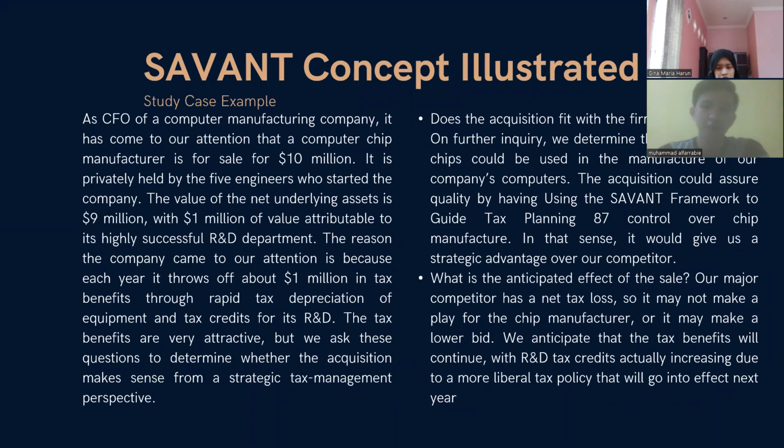The value of the net underlying assets is 9 million, with 1 million of value attributed to its highly successful R&D department. The reason the company came to our attention is because each year it throws off about 1 million in tax benefit through rapid tax depreciation of equipment and tax credit for its R&D.